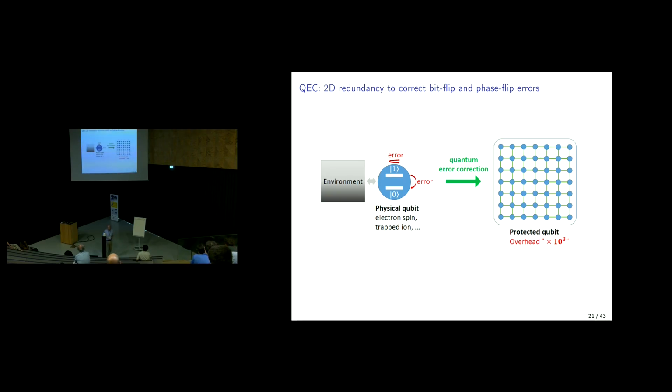Okay? And if you look at typical size, if you take a redundancy of 10, because your physical qubit has not a very good quality, to encode the logical qubit you need 100 physical qubits. You can imagine if you want to have many logical qubits, the overhead is quite large.